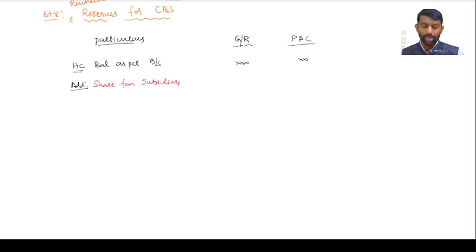Not only subsidiary; suppose if an associate is there, share from associate. If a joint venture is there, share from joint venture. All 3 will come. Got it? So if it's only a subsidiary, then only share from subsidiary. That means share from other companies you have to add. Got it?